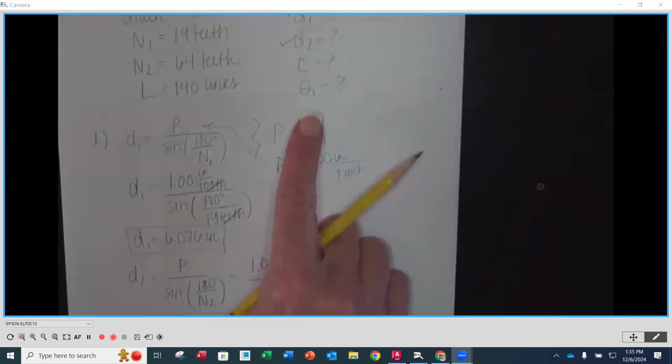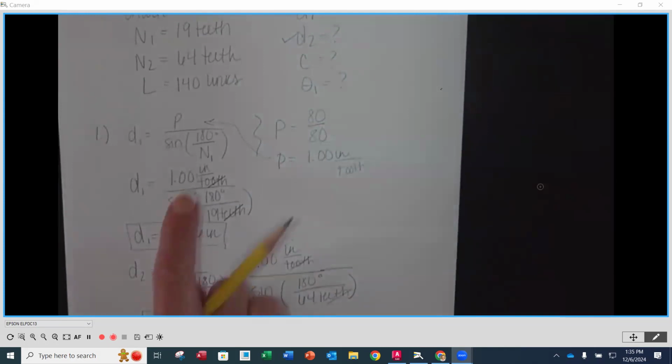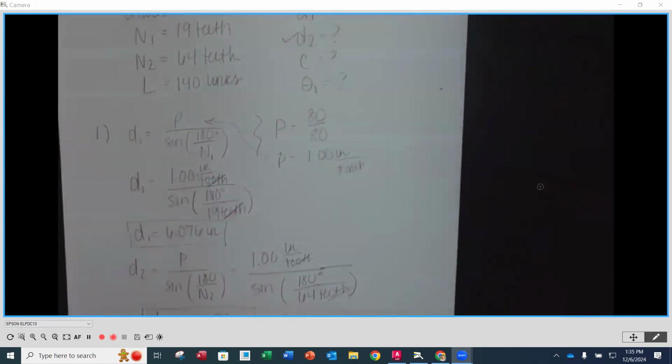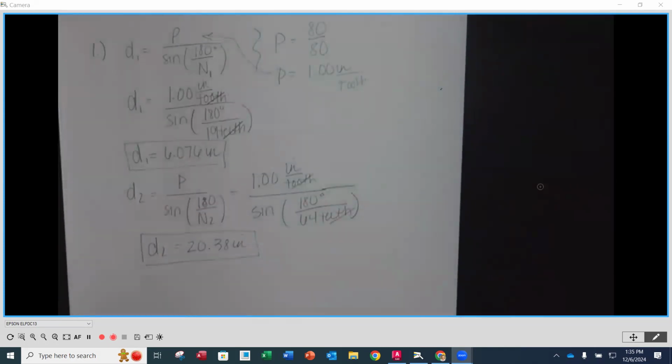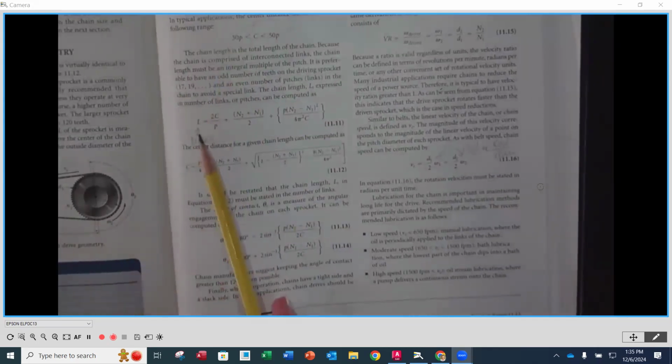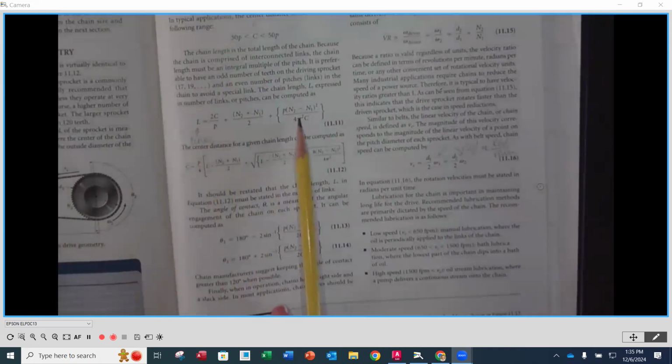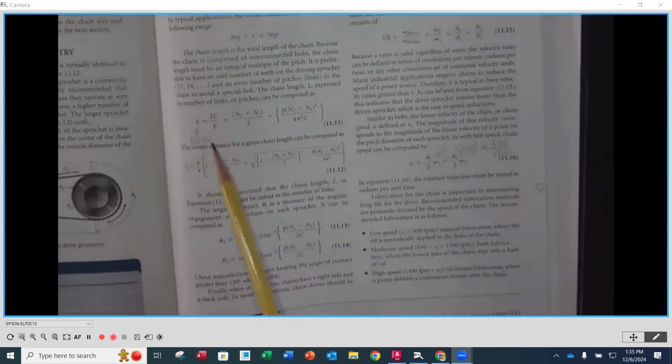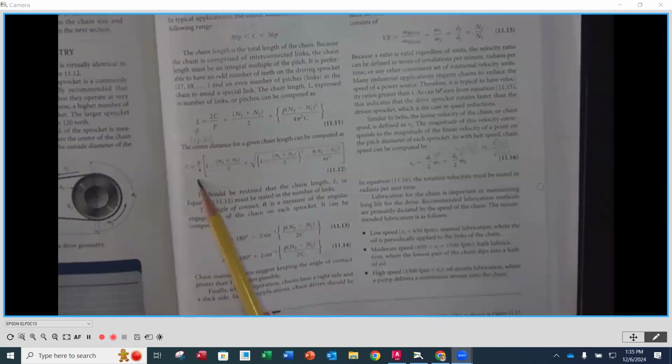Then the next thing we're going to do is calculate the center distance based on the number of links and our pitch diameter. So let's go back to page 311. If we didn't know how many links our chain needed to be to go over the top of each one of those sprockets and maintain a certain center distance, we would have to use this equation. But we've got the number of links already, so we can go right down to the center distance right here.